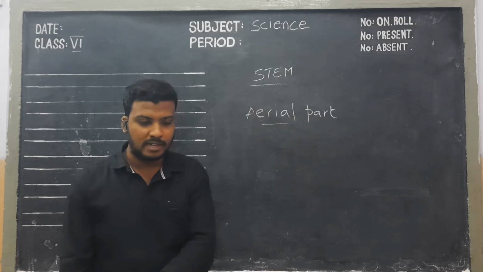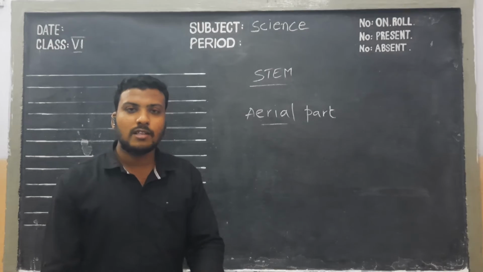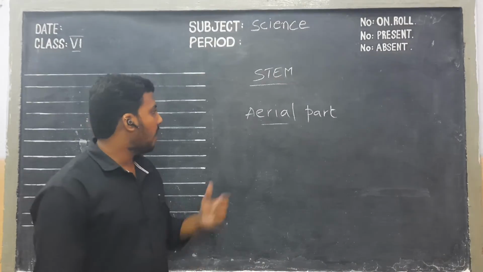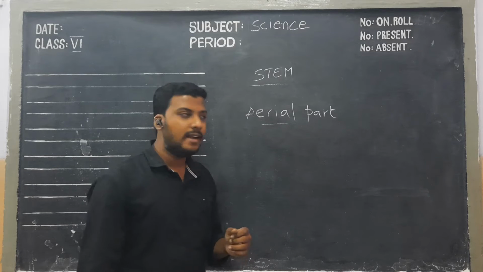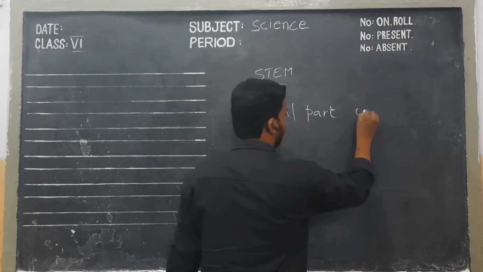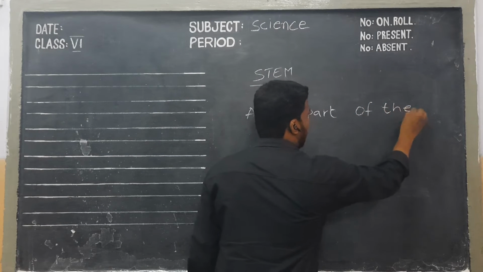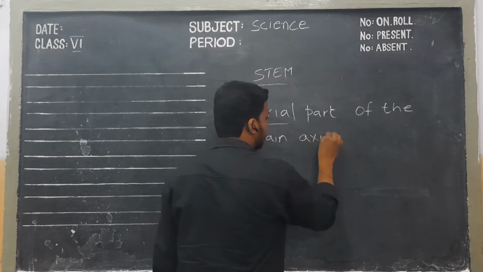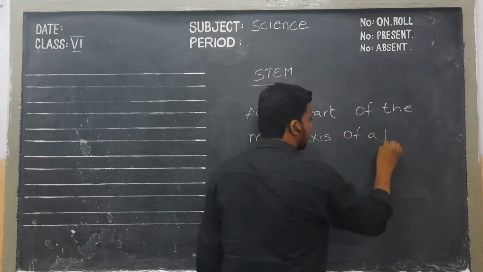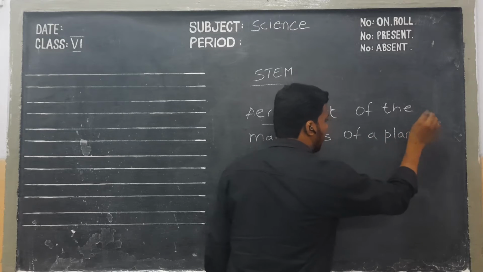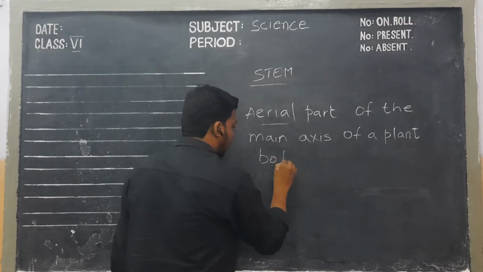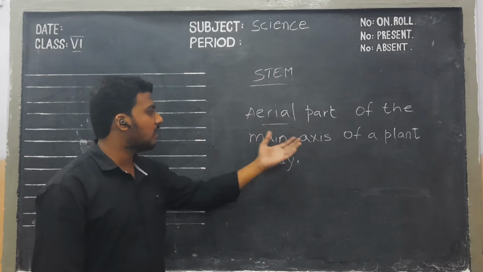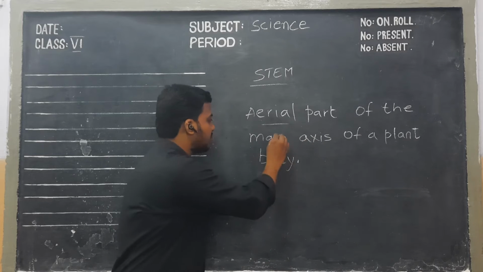It grows above the soil, and it is the aerial part of the main axis of a plant body. In the entire plant body, it is the aerial part, the main axis in the air.